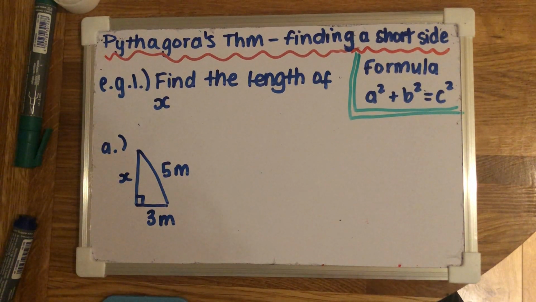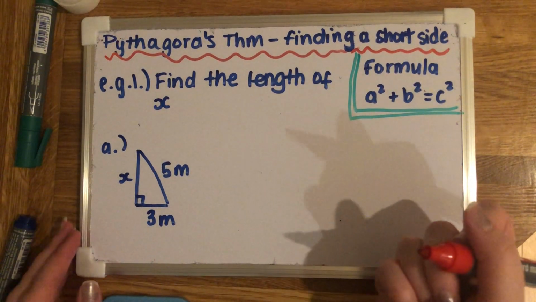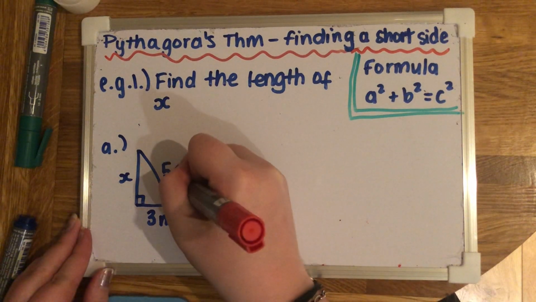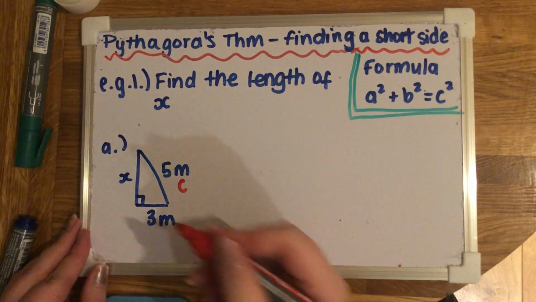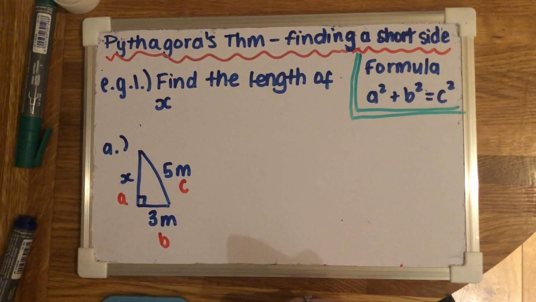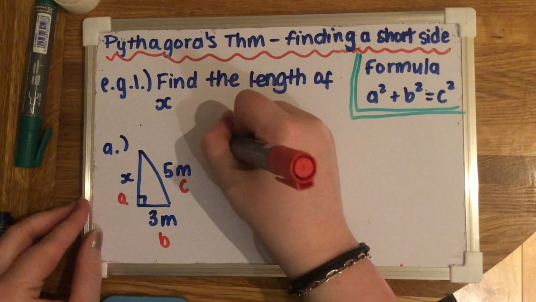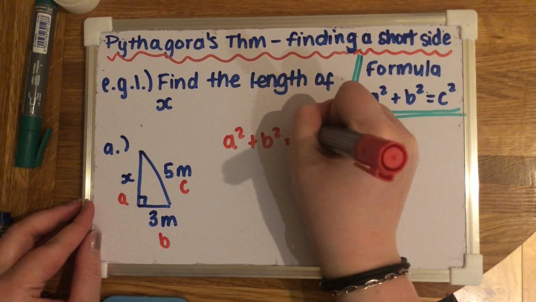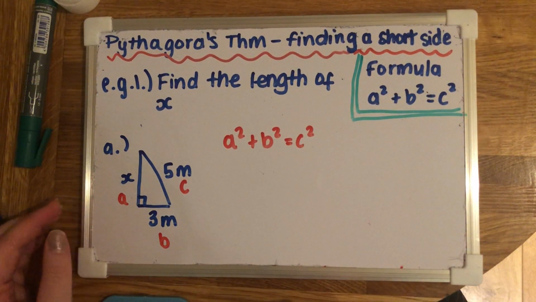So as I said before, the first thing you need to do is label it. If we're labeling the sides, remember the opposite one against the right angle would be our C. And then A and B doesn't make a difference. Okay, next thing we write the formula. A squared plus B squared equals C squared, and then we put the values in.